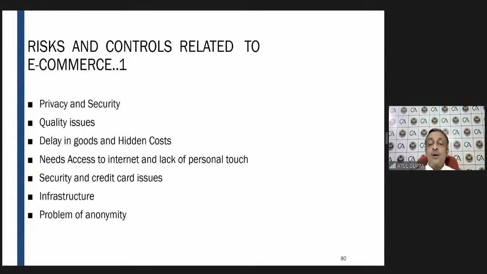If you start ordering from websites or applications which are not secured, which are not much publicly used, for which you don't have any background, then there is a concept of hidden cost. And there could be delay in deliveries also. Need to access internet and lack of personal touch.